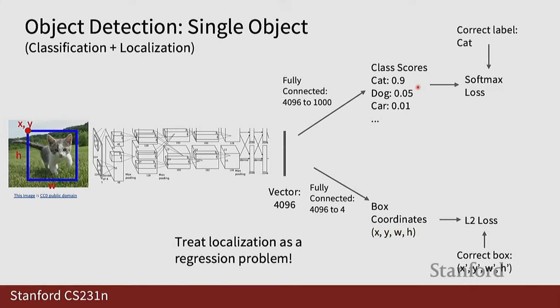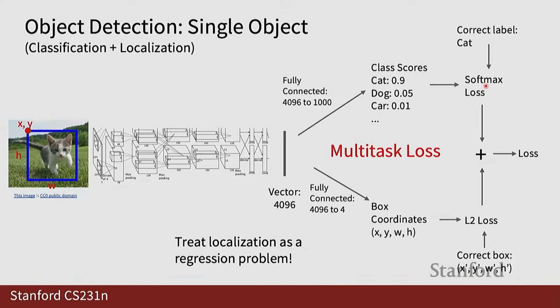It's very simple, right? We can define a softmax loss function for the class scores, and we can define an L2 loss function, which is a simple distance metric, a regression loss for the box coordinates. Having these two defined, we have a multi-task loss.